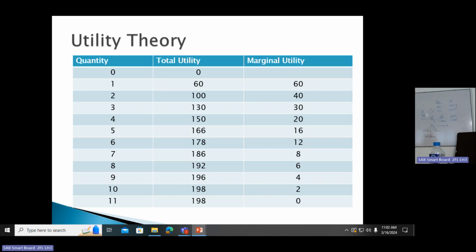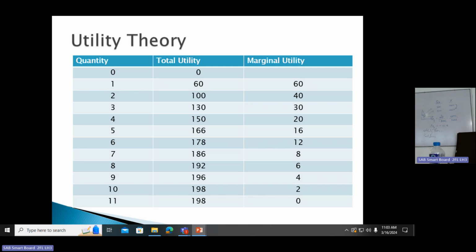So what happened in this table? The consumer consumes a particular product continuously and increases its consumption. You see here total utility is increasing, always accumulating, until we come to the maximum level.